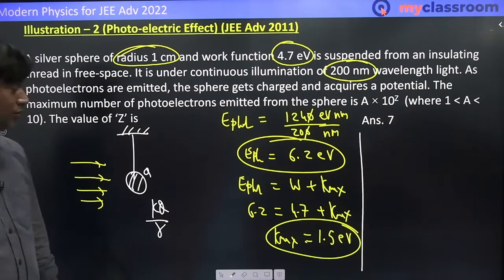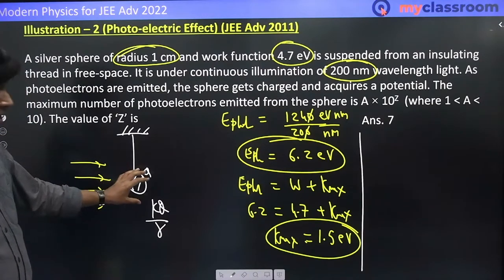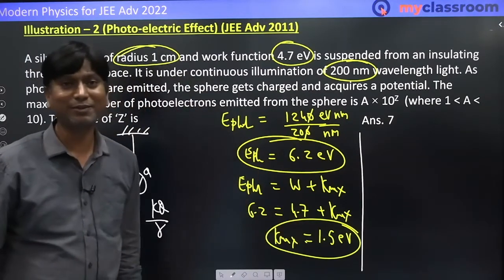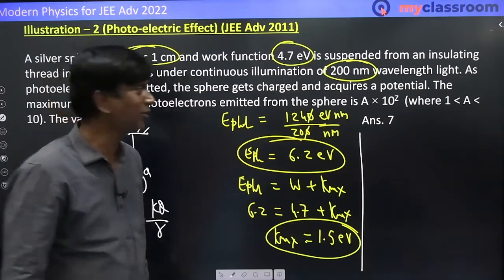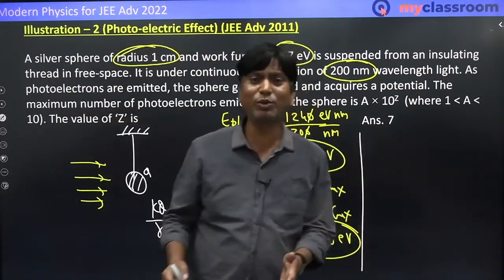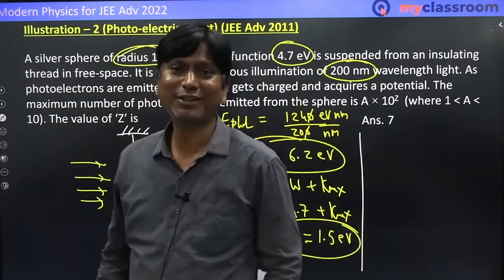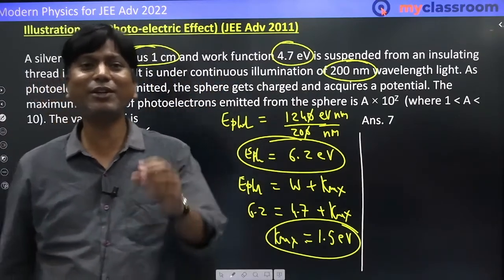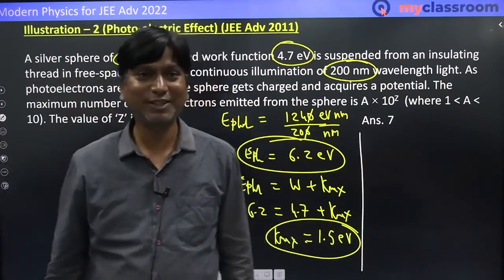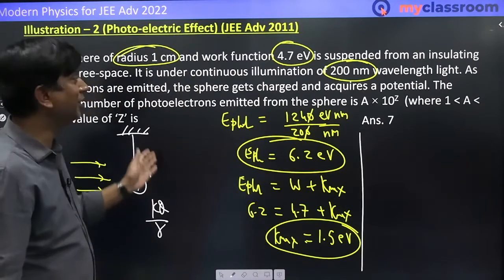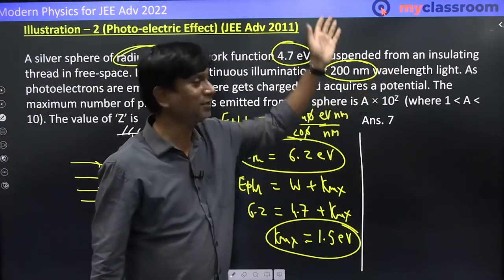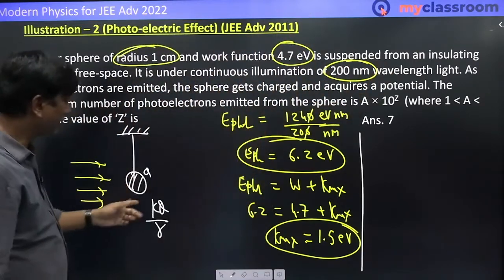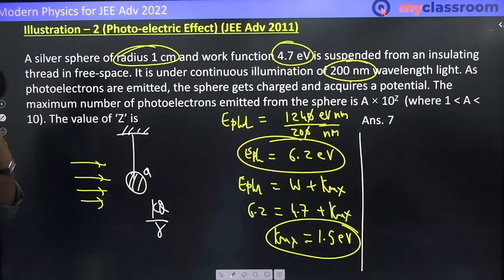The potential it is acquiring is trying to stop these electrons. Just like in the photoelectric effect, where we took K max is equal to e into V naught, where V naught is called the stopping potential. Here it is the same thing, a stopping potential, though there is no anode, of course, because it is at infinity. So this potential can be treated like a stopping potential.